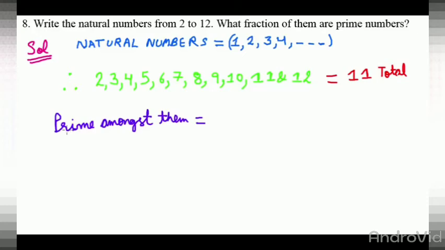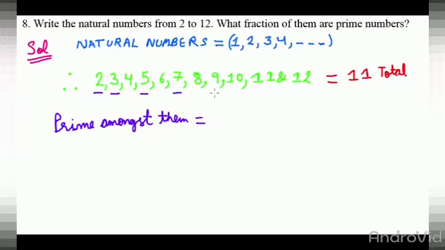We just counted it. So prime amongst them are 2. This is the smallest prime number. 3 is also a prime number. 4 is not, because it is divisible by 2. 5 is a prime number. 6 is divisible by 2 and 3. 7 is a prime number.